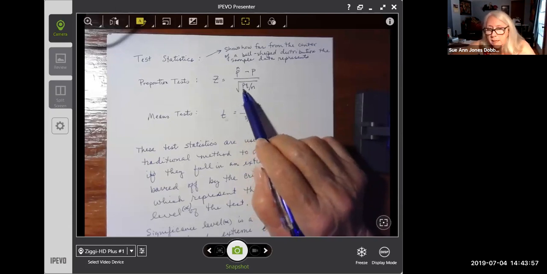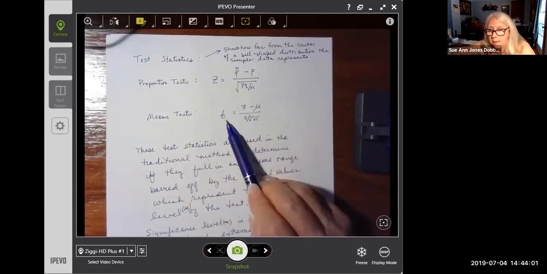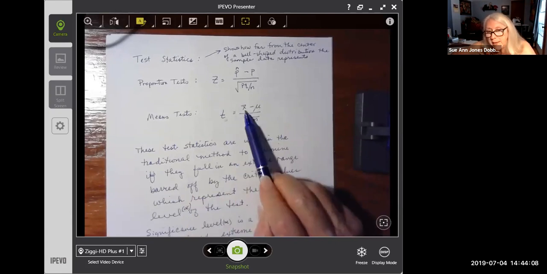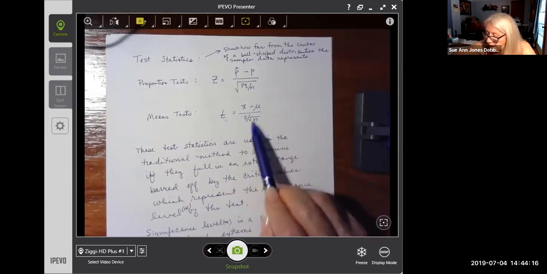For a means hypothesis test, it's a T test statistic. But it's similar, really, because in the numerator, again, you're making a comparison between the sample's mean and the mean value mentioned in the null hypothesis. The comparison is a subtraction.